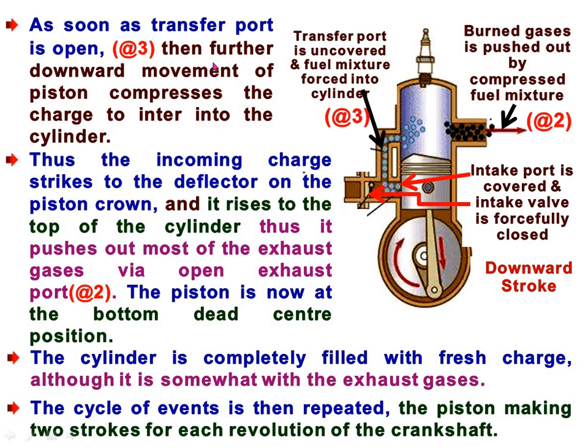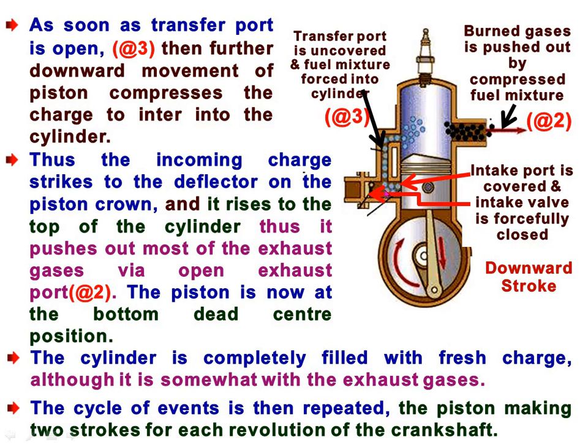Further downward movement of the piston compresses the charge to enter into the cylinder, meaning whatever charge is inside this system is compressed to enter the cylinder. Thus, the incoming charge strikes the deflector on the piston crown, and it rises to the top of the cylinder. Thus, it pushes out most of the exhaust gases via the open exhaust port.